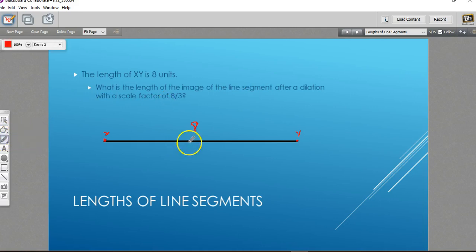All you need to do is take that 8 and multiply it by 8/3. What we end up getting is 64/3, which is close to 21 1/3. So it really expands greatly. I think on the test they want just the improper fraction, 64/3.